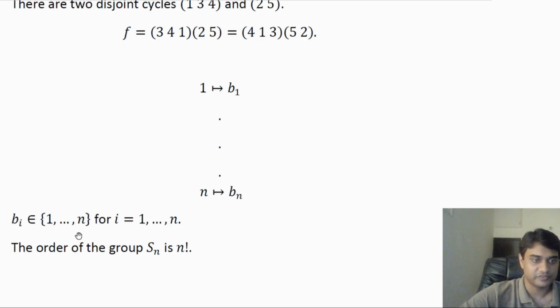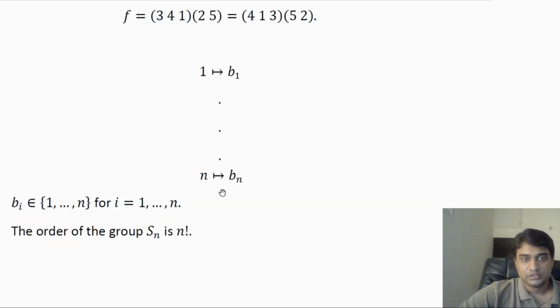So first of all, let me ask you, can any two of these bi's be the same? Let's say b3 and b5, can they be the same? Or b1 and bn? Can any two of them in the right column be the same?